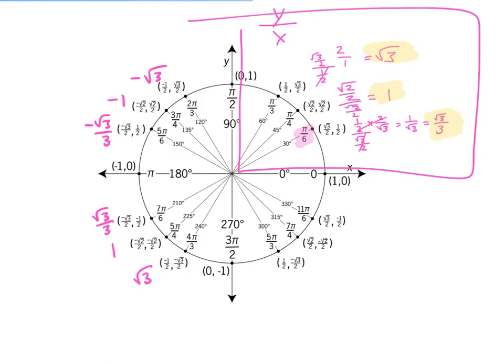And then on the fourth quadrant, it's negative again. So all you need to know is the first quadrant, and then all the other ones repeat.